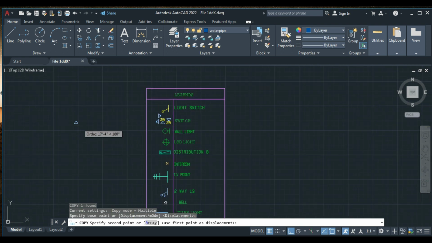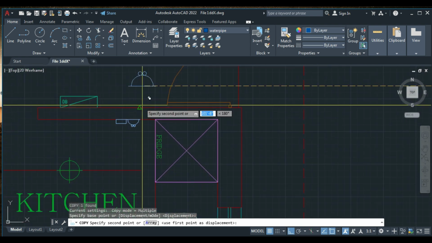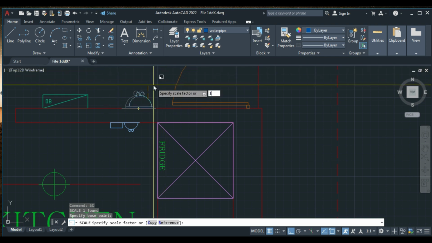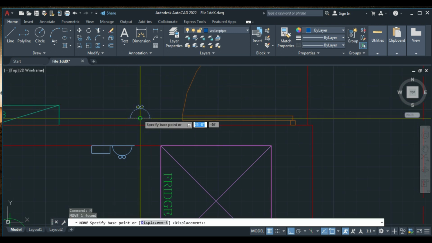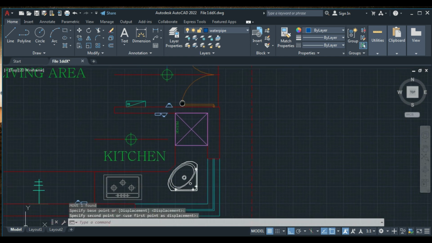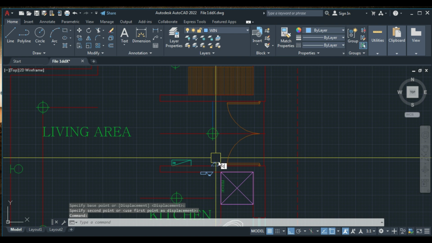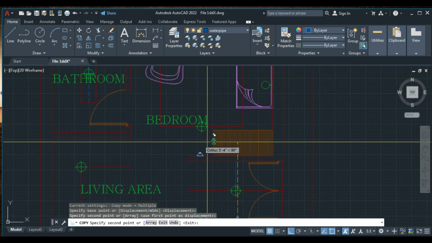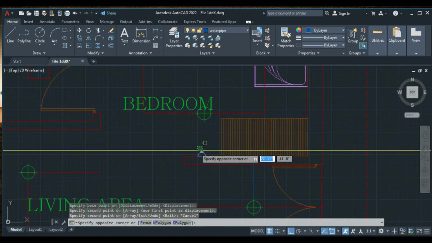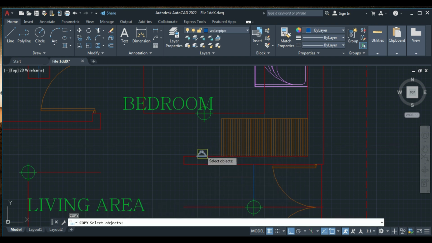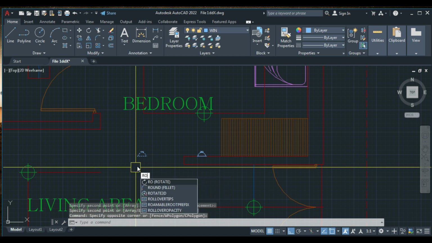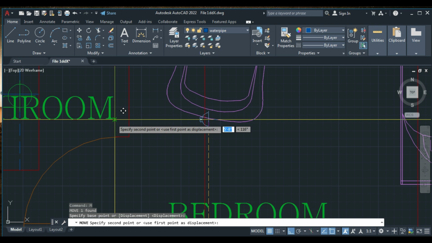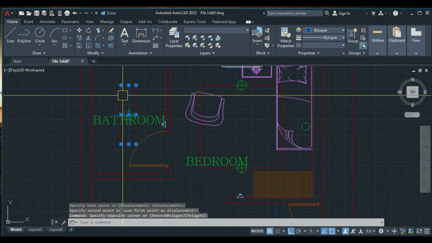Switches should technically be given at entrances of rooms for easy accessibility. Erase the extra lines.